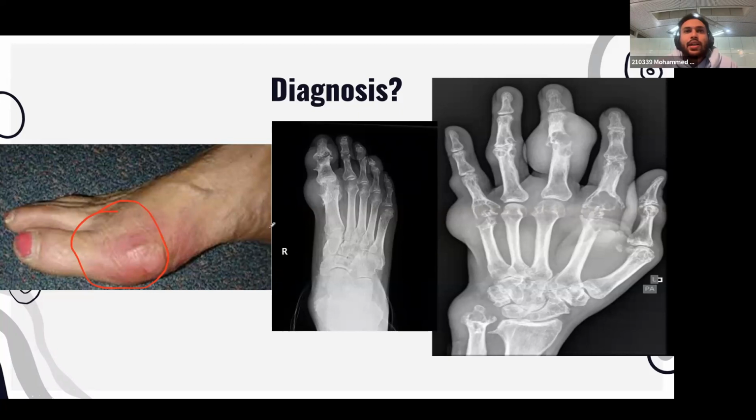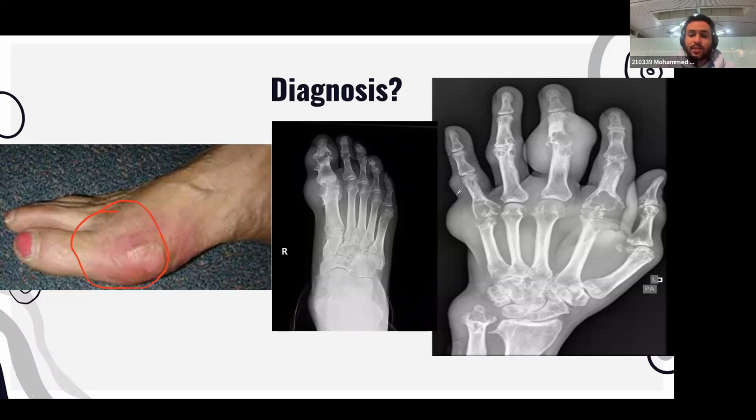Usually you'll get a male around his 40s or 50s, but it could be variable, who complains of very severe pain in their toe or in their knee. Those are common areas, but it could affect other areas. Over time, they will start to form something called tophi, which are seen in these images.